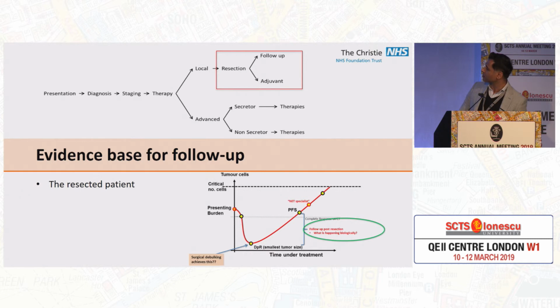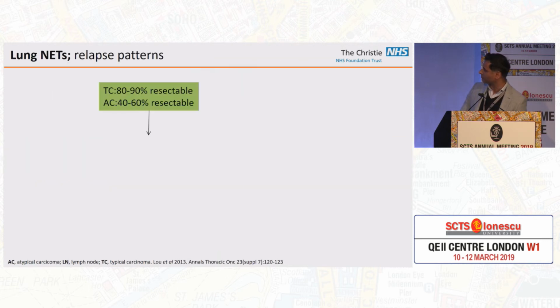And finally, evidence-based follow-up. So how do we put all of this together? So like I said, this part of this graph really intrigues and really asks lots of questions. If you look at the way that patients relapse with lung nets, most patients are, in fact, resected, so they end up with you guys.